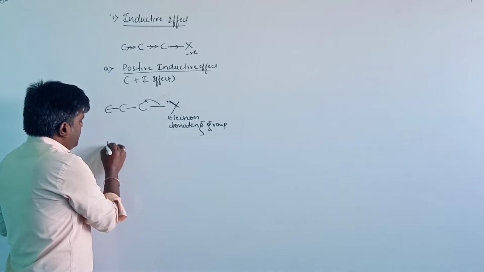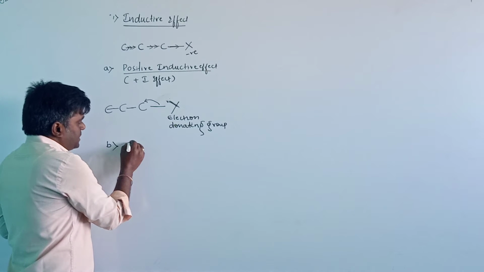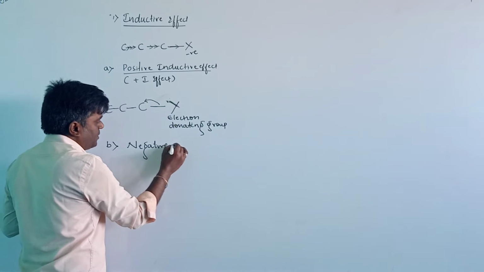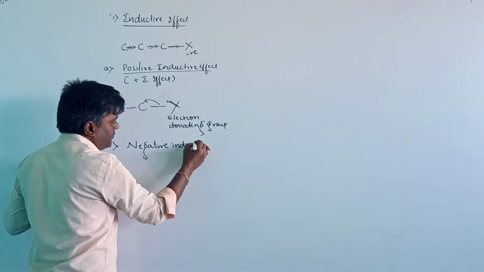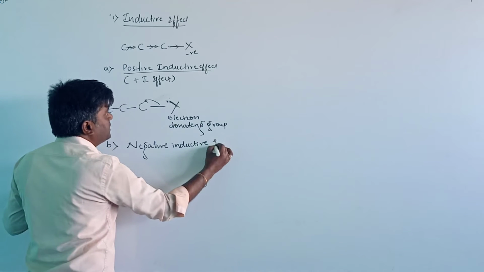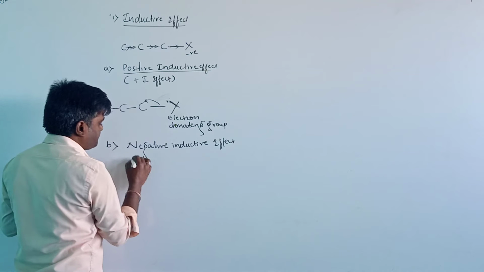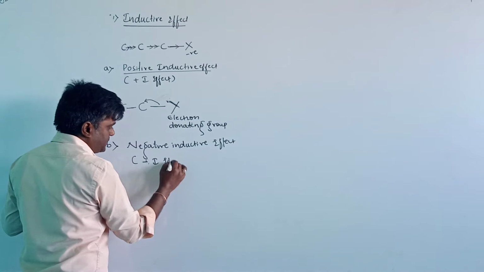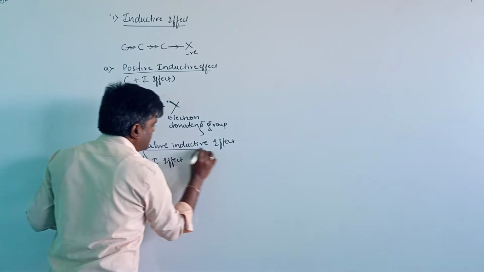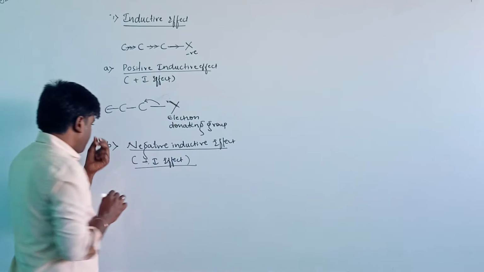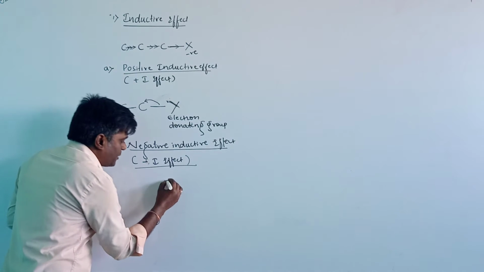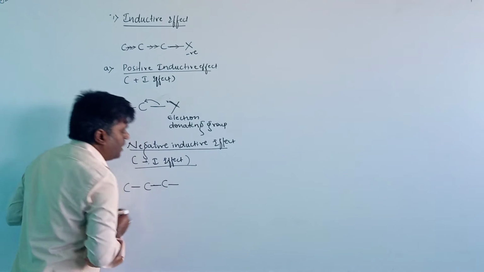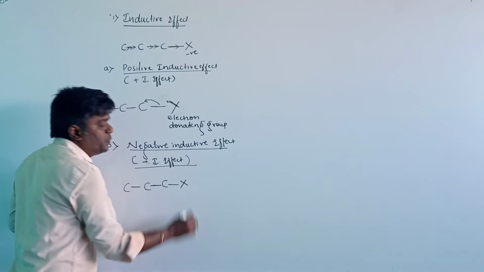Then the second one, B, the negative inductive effect, or simply the minus I effect. Let us see what the minus I effect is. Consider a carbon chain to which an electron withdrawing group is attached.